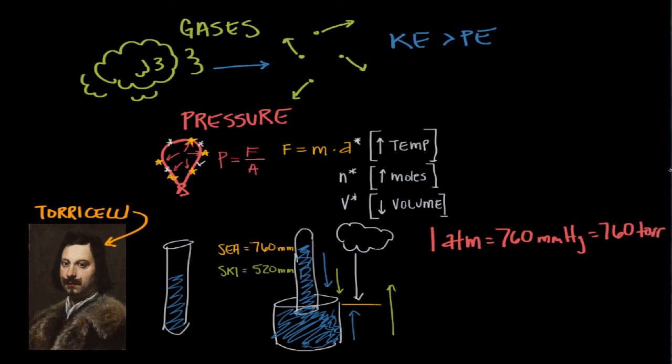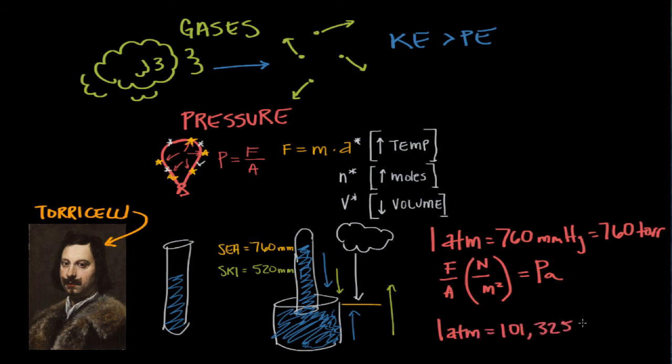Now, because pressure is a measure of force per area, and the SI unit for force is the Newton, and the SI unit for area is the square meter, we have another unit of pressure, which is the Newton per square meter, and we call that the Pascal. But if we measure the pressure of the atmosphere at sea level in Pascals, we get 1 atmosphere is equal to 101,325 Pascals.